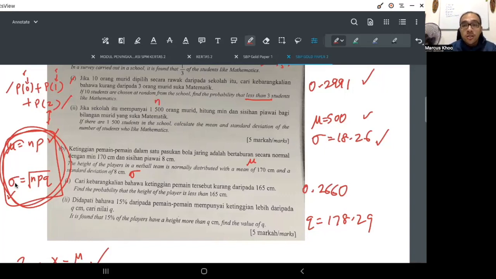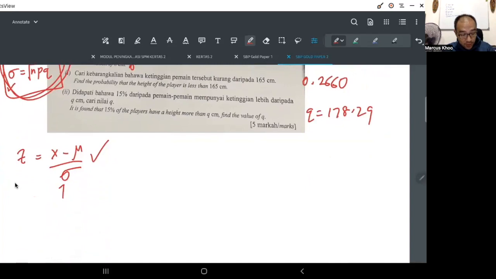The square root of the variance is the standard deviation. Some questions are very straightforward and give you the standard deviation, but some will give you the variance, but remember that this one is standard deviation. So you will have to square root the variance in order to get the standard deviation.